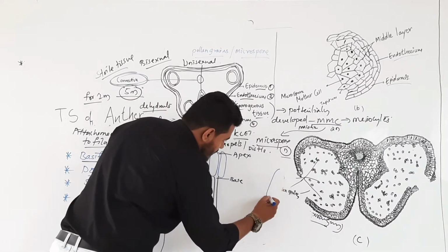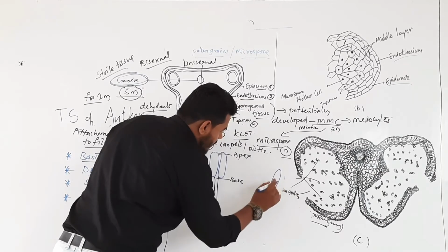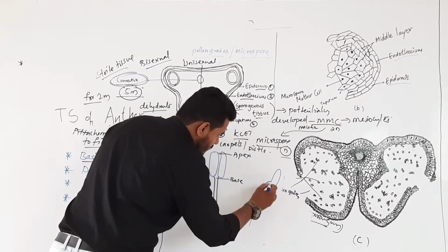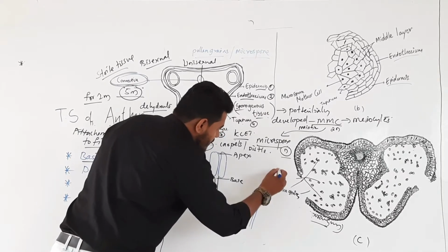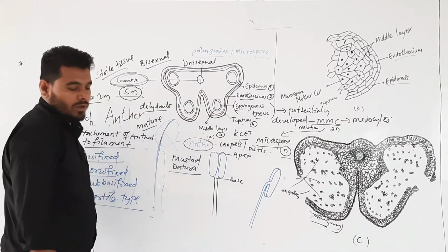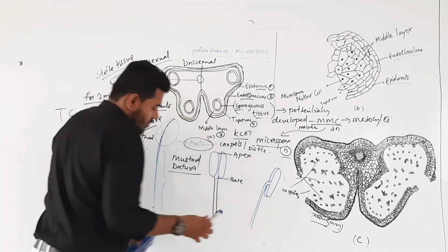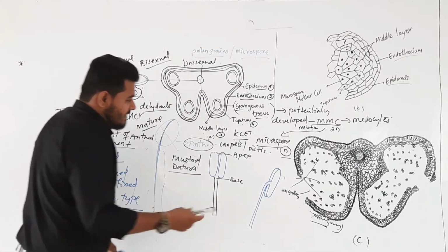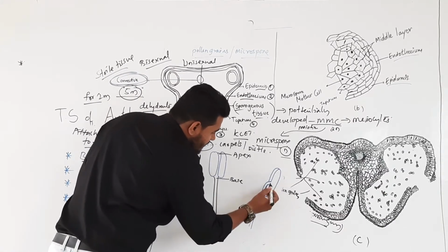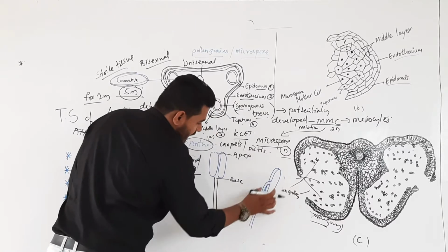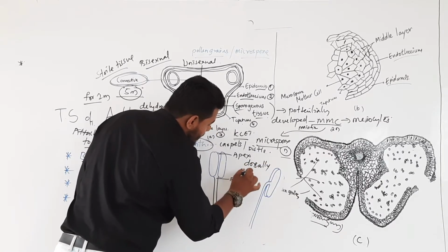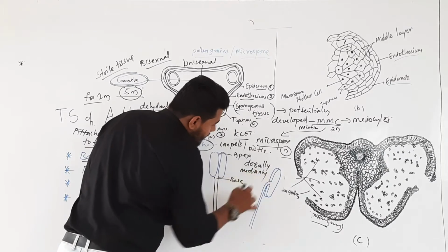This is one lobe, it is attached here, and this is another lobe. This is the filament. So this anther is attached with the filament dorsally and medianly.